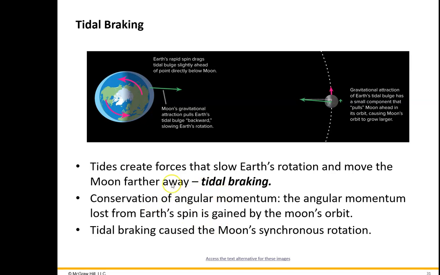Here's a concrete example of the conservation of angular momentum. Let's say you had an ice skater spinning around on their skates, and they hold their arms straight out, really as far away from their body as possible, so they're just spinning in one location on the ice.